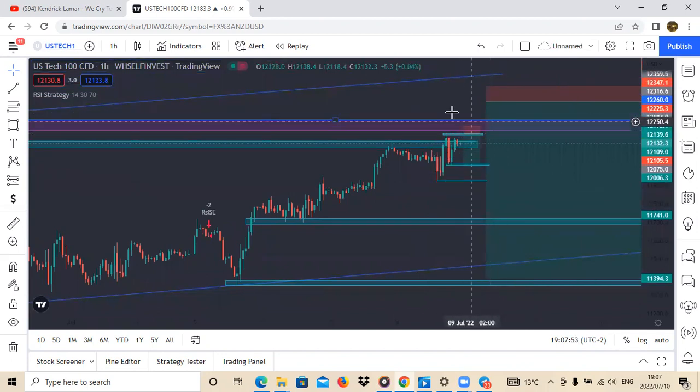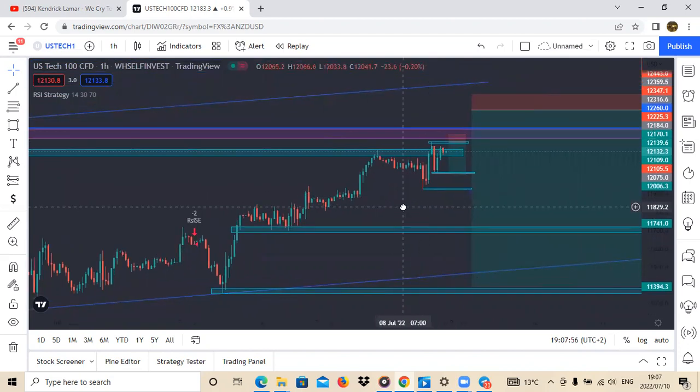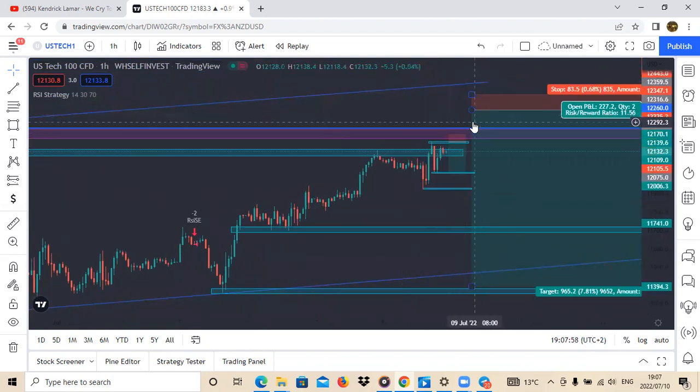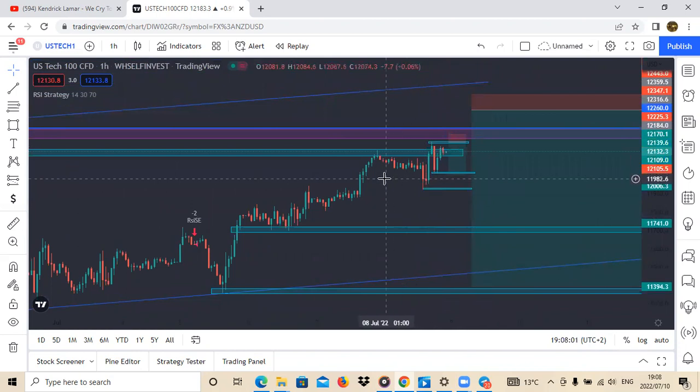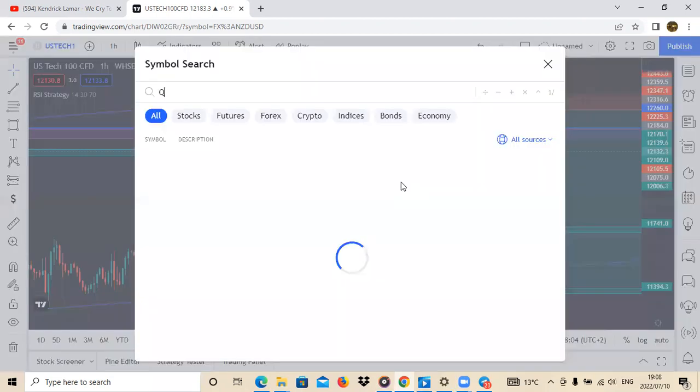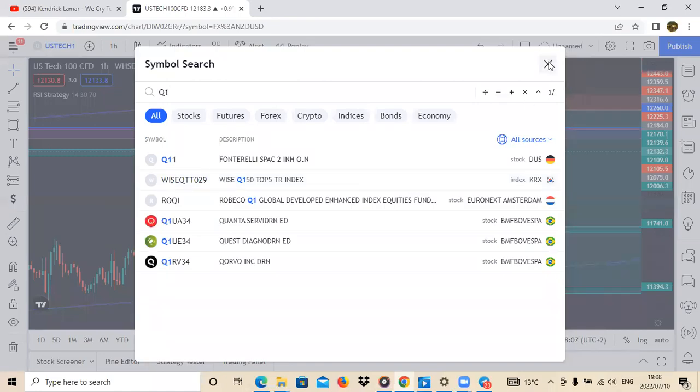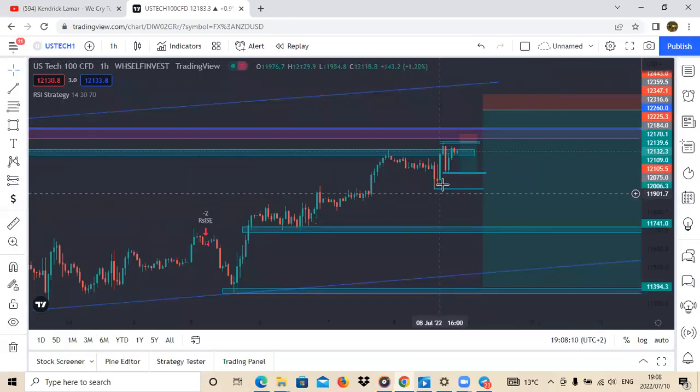So as you can see, this is US Tech. They lifted to a high on the past Friday as it spiked up due to a reversal of the initial jobless claims, the NFP and the unemployment rate, which were released. Currently it's sitting at the level of 131.